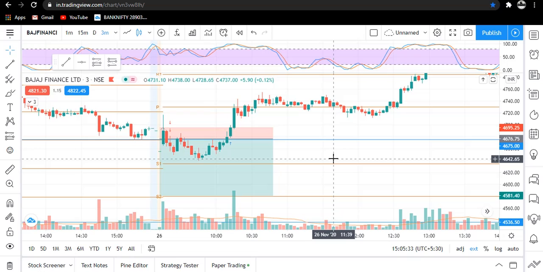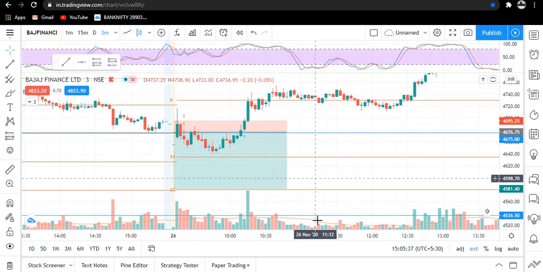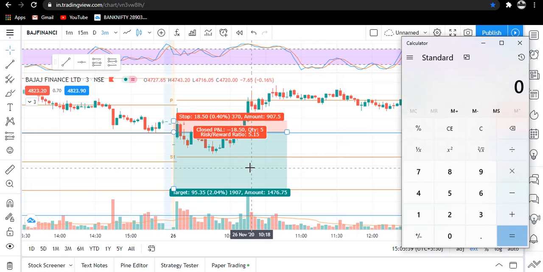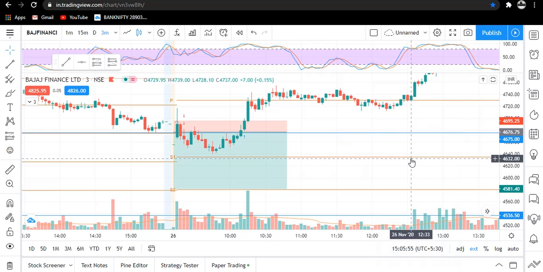So traders, we have booked a loss in Bajaj Finance. Our quantity was 2, so no problem. Our stop loss points were 18.50, and the quantity was 2. So simply, we have booked a loss of rupees 37 in the equity segment, and that's alright.